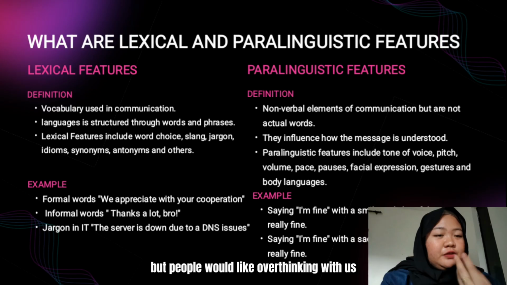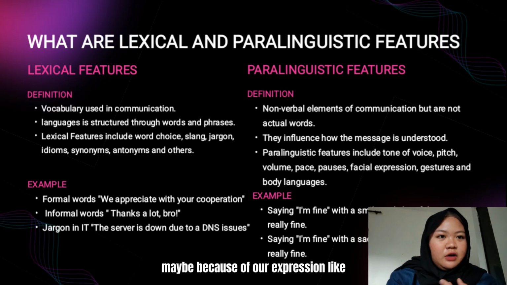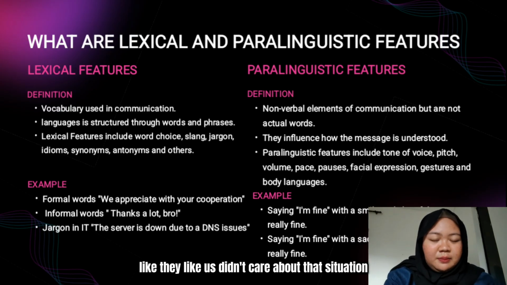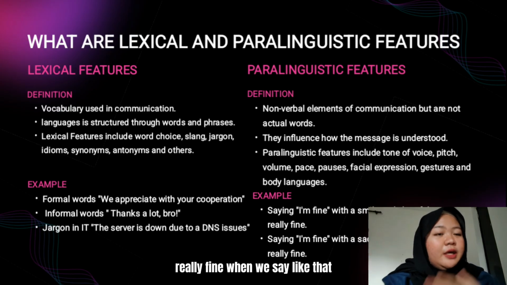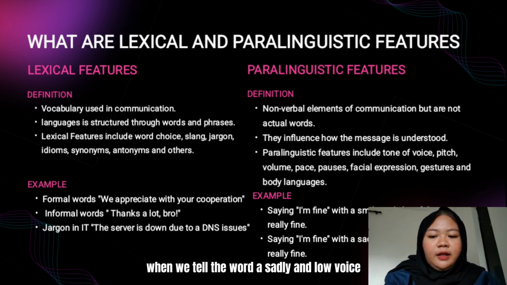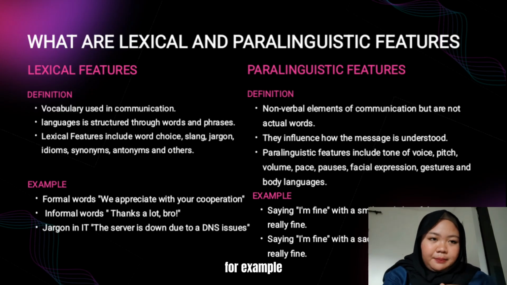But people might overthink with us, maybe because of our expression, as if we didn't care about that situation. But actually we are really fine when we say that. Another situation is when we say the words sadly and in a low voice. For example, I'm fine.